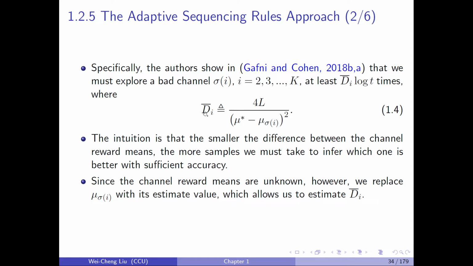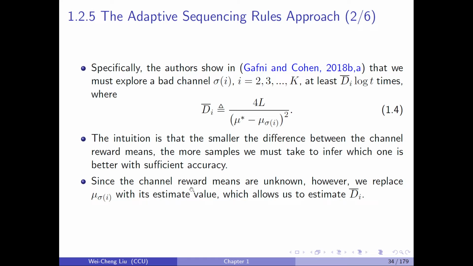So that means we need at least d bar i log t times to explore a bad channel sigma of i. So the more samples we must take to infer which one is better with sufficient accuracy.